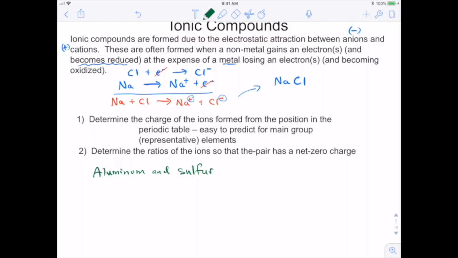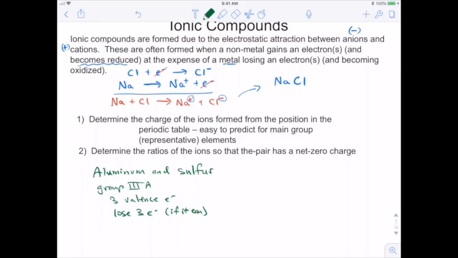First look at aluminum. Aluminum is a group 3A element, right? That means it has 3 valence electrons in its outermost shell. And as we'll study in more detail in lecture, you'll find that if given the opportunity, aluminum will actually lose 3 electrons, if it can, to drop down to a full octet, in this case looking like the electron configuration of neon.